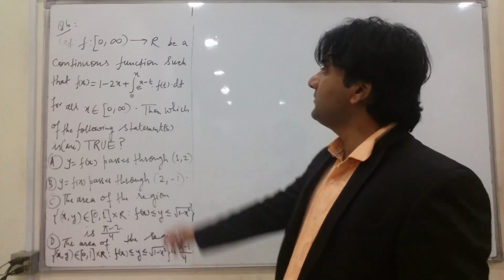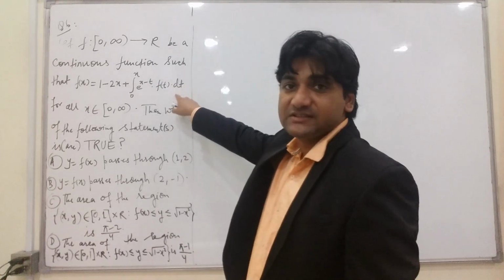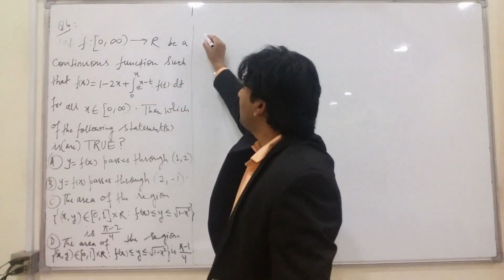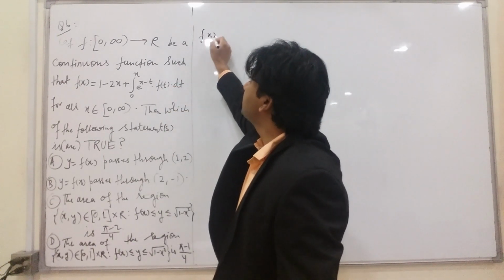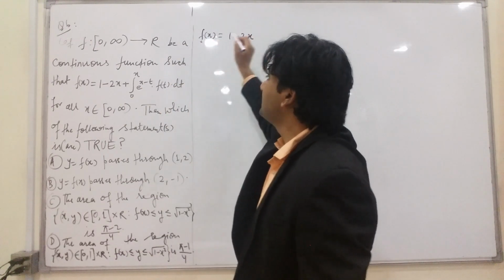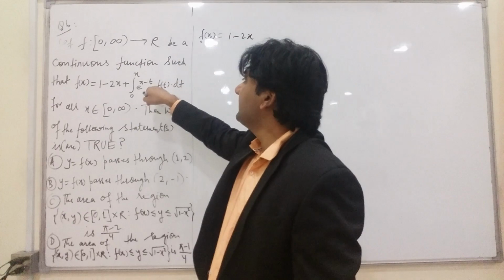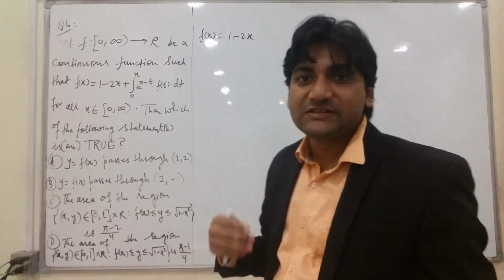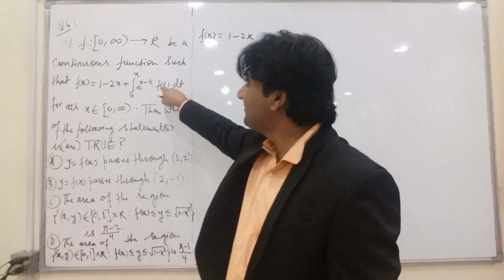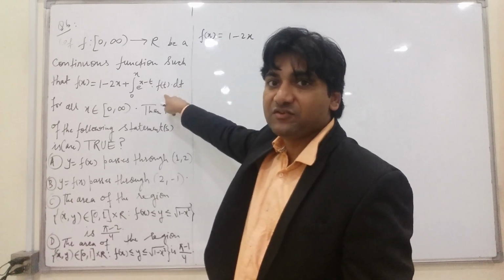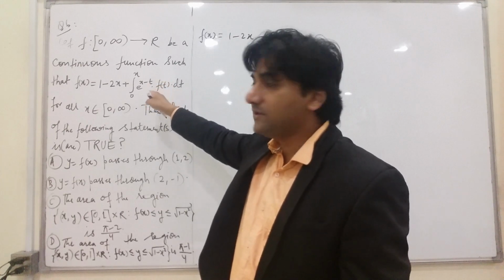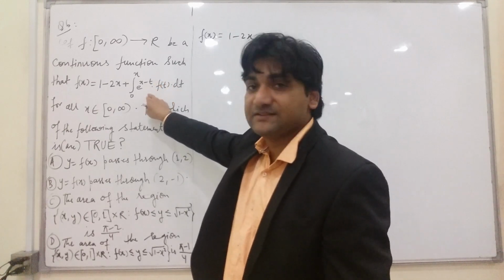Now, the starting point is this. This function is given to us. So from here we will start. So I am writing here f(x) equals 1 minus 2x. See, which one is the integral? Which you have to integrate. This is dt. It means f of t you will integrate. And apart from the t variable, the rest of the things are constant for this integral.